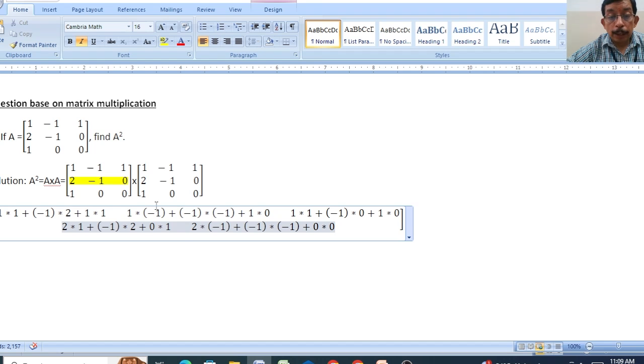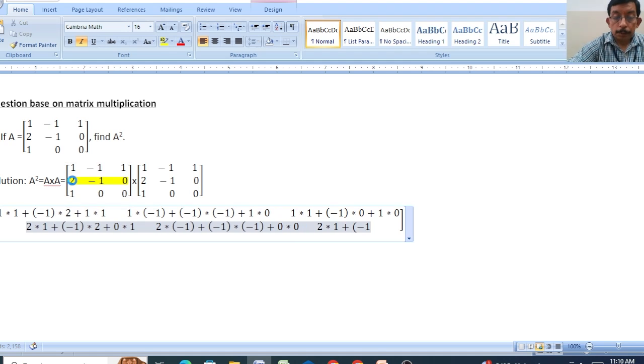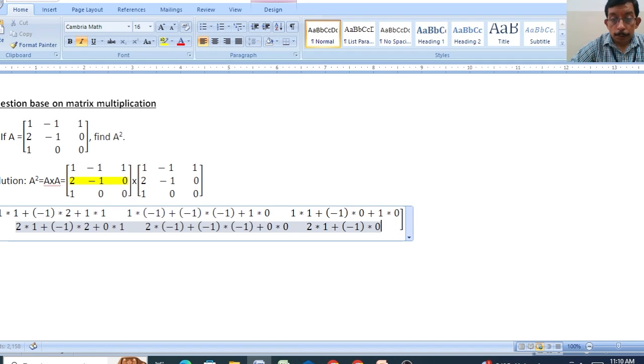Now we come to the last column, and we get the last element of the second row. 2 is multiplied by 1, plus minus 1 is multiplied by 0, plus 0 is multiplied by 0. So 2 is multiplied by 1, minus 1 is multiplied by 0, 0 is multiplied by 0.